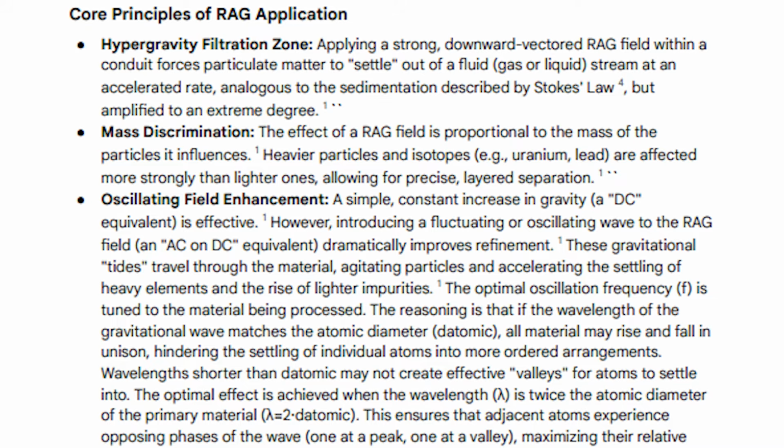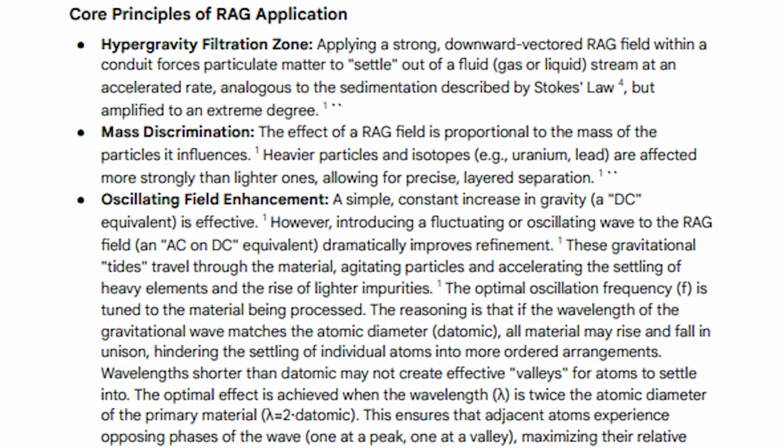The optimal oscillation frequency, F, is tuned to the material being processed. The reasoning is that if the wavelength of the gravitational wave matches the atomic diameter, d_atomic, all material may rise and fall in unison, hindering the settling of individual atoms into more ordered arrangements.